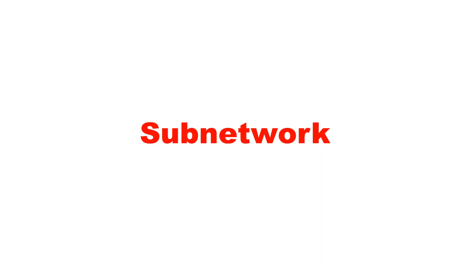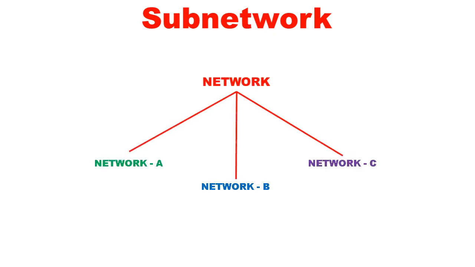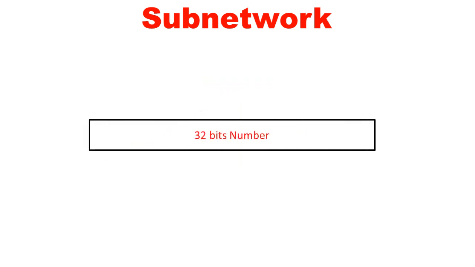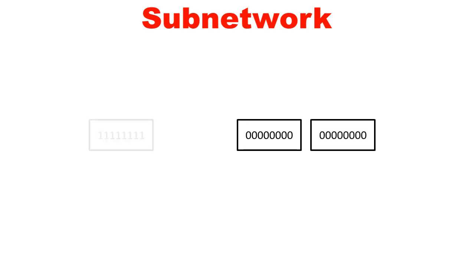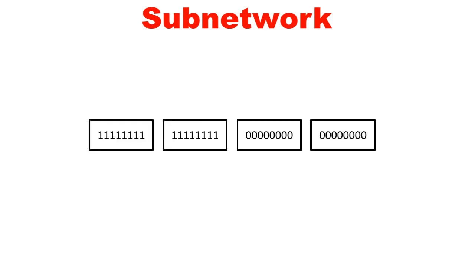The subnetwork or subnet is the most important component of an IP address. It is the logical subdivision of IP network addresses. So, it is the practice of dividing a single network into 2 or more networks. Subnet mask is a 32-bit number that is created by setting host bits to all zeros and network bits to all ones.